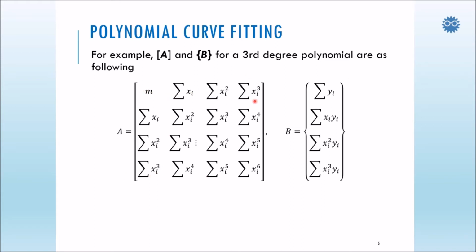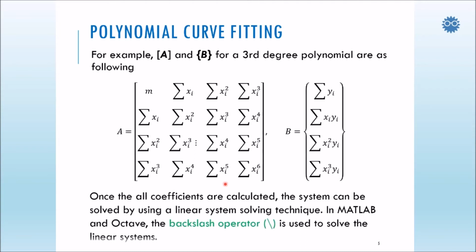We'll have 4 rows and columns, so the system size will be n plus 1, and then the powers will be 1, 2, up to n, which is 3, or here, for example, 1, 2, 3, and 2n will be 6 here, and so on. So actually, we can simply get the values of the powers of each element by using a simple mathematical relation.